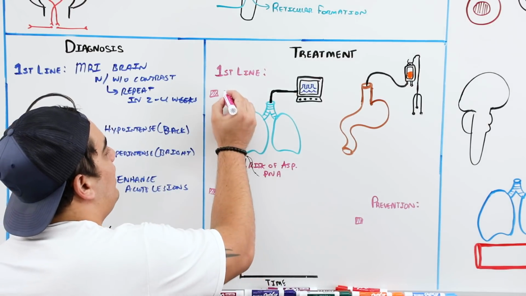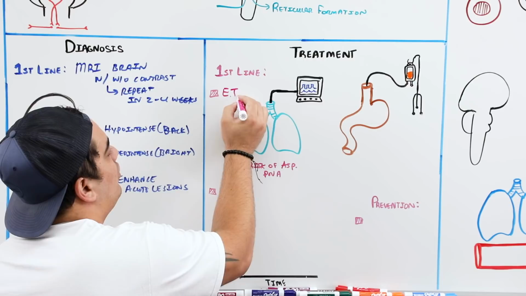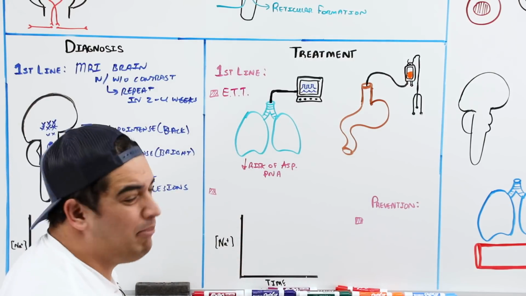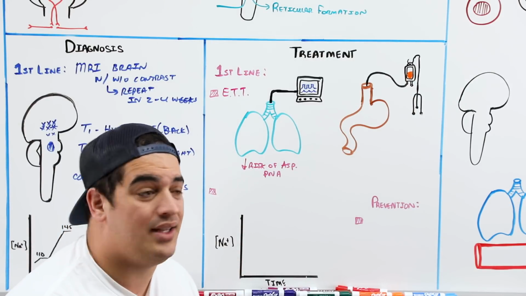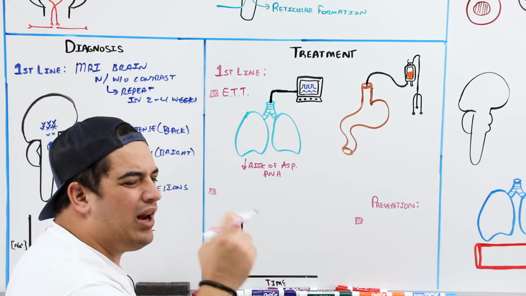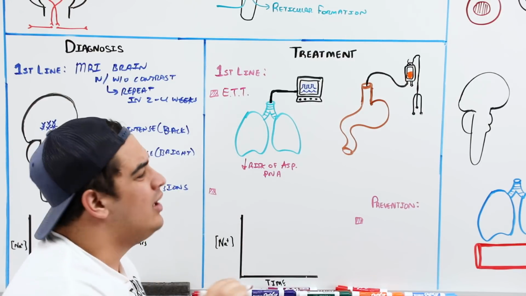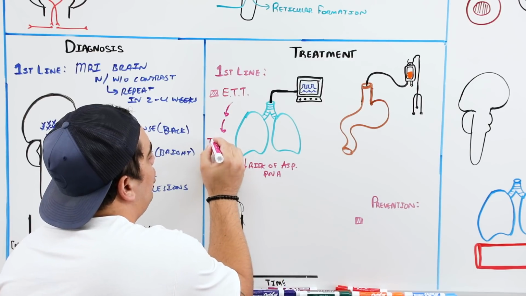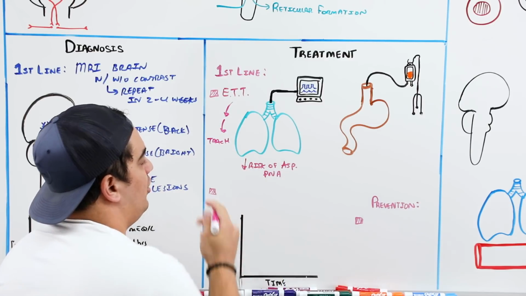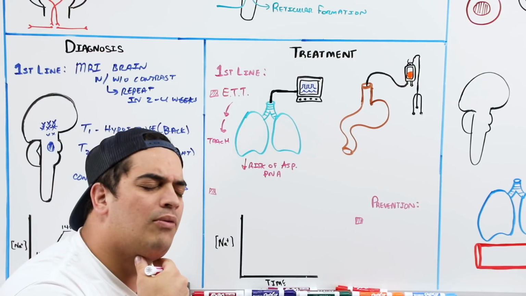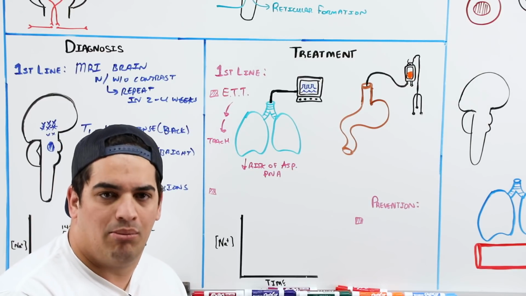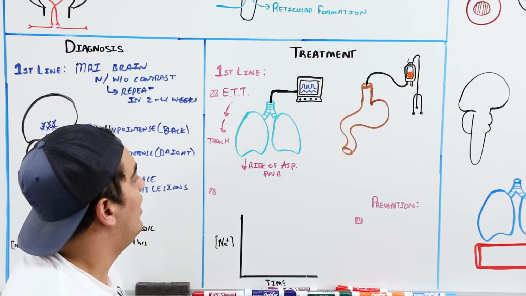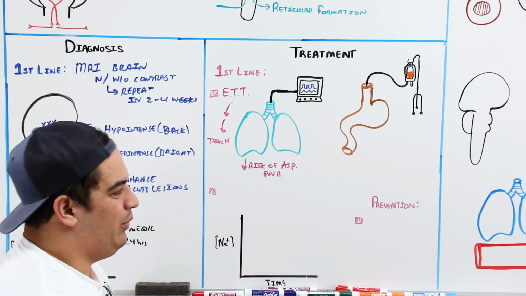And so this may require endotracheal tube intubation for a period of time, maybe 6 to 8 weeks. But generally, you don't want to have an endotracheal tube in somebody so long. So eventually you may go from an endotracheal tube to a trach. Okay, so you'll do a tracheotomy, and then hopefully over time, they'll be able to breathe on their own, that you can remove that. That's the goal over a 6 to 8 week time period.